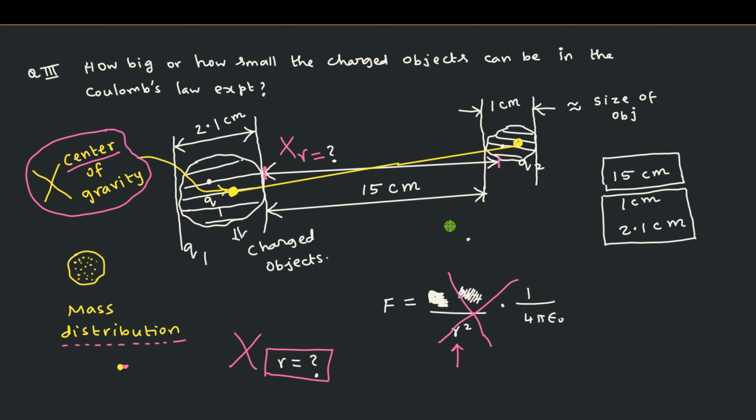Okay, the question is how to fix the distance between them accurately. That is the question. So let us now discuss here. We have 1 centimeter in one case, 2.1 centimeter in the second case, and the distance between them is 15 centimeter. Now practically, how do you go about answering this question?